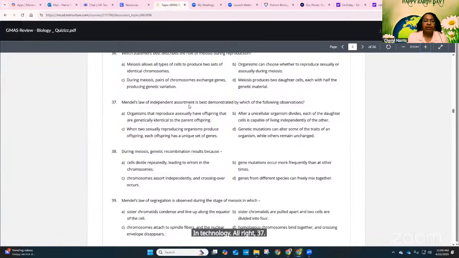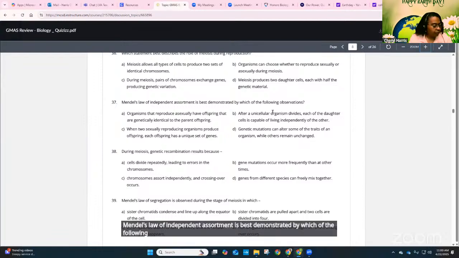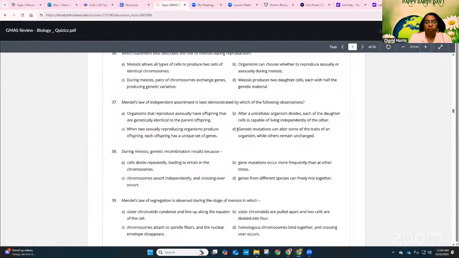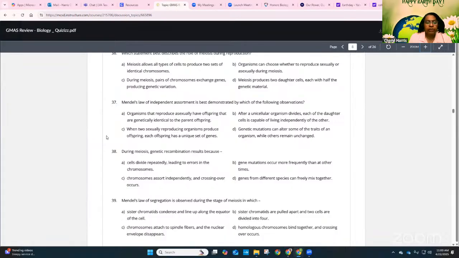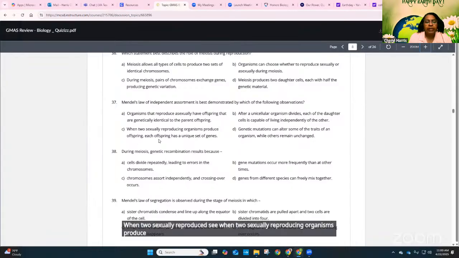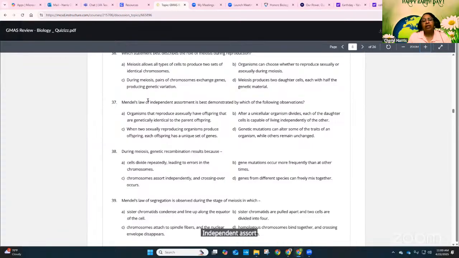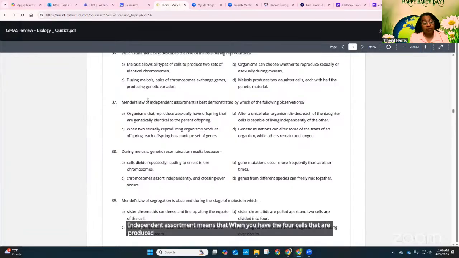Mendel's law of independent assortment is best demonstrated by which of the following? When two sexually reproducing organisms produce offspring, each offspring has a unique set of genes. Independent assortment means that when you have the four cells that are produced, they all don't have the same kind of chromosomes.